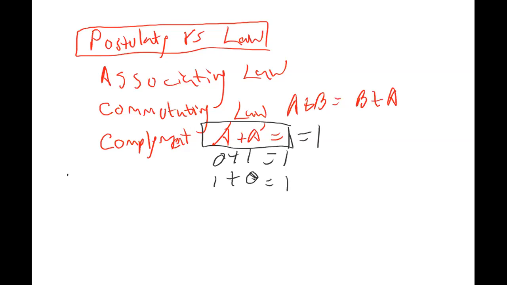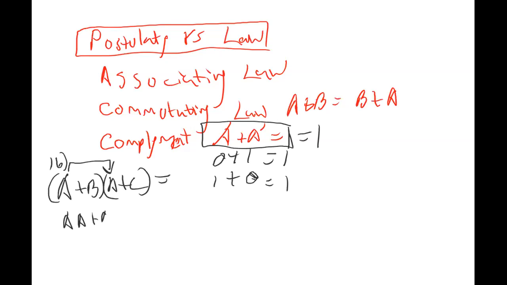Here's one. (A or B) times (A or C). How do we simplify this? This is from question 16. Well, I guess I can cross multiply, right? I get AA or AC or AB or BC.